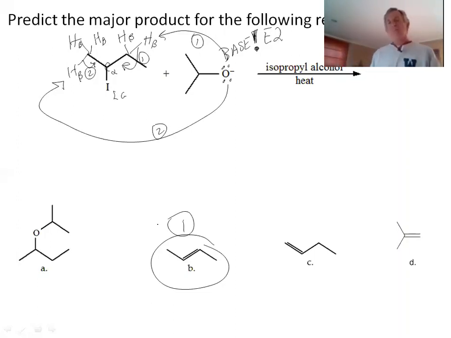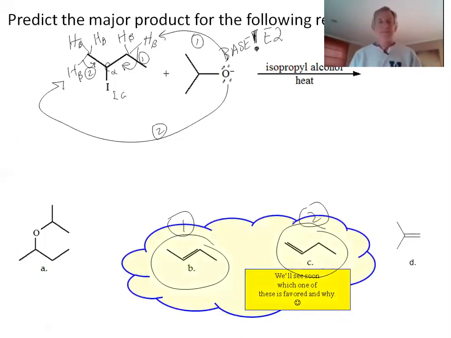If I abstract the proton that's on the outside, beta 2, then I will get C. Okay? And we'll see in a video soon, one of these 2 is favored, one is more likely to occur, and would be the only product I would want you to write for this reaction. But we haven't learned that yet, so right now, both of these are acceptable answers. Okay? Cool.